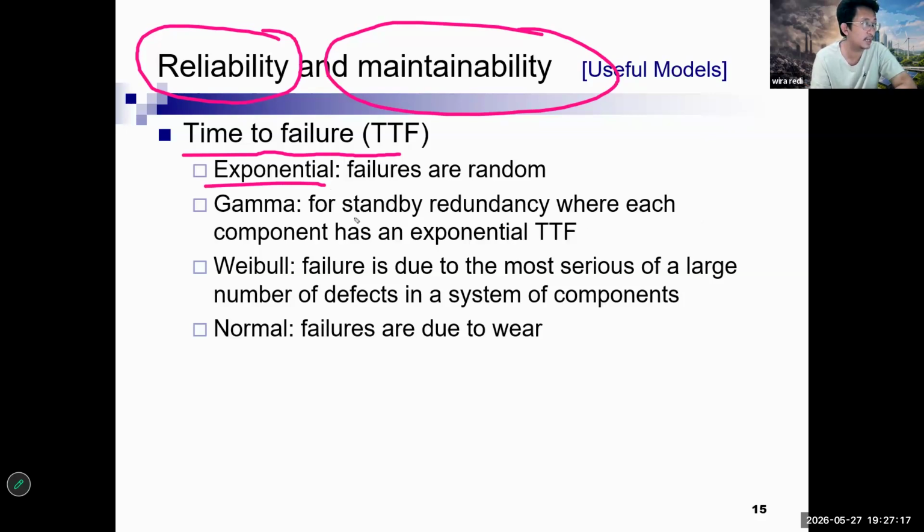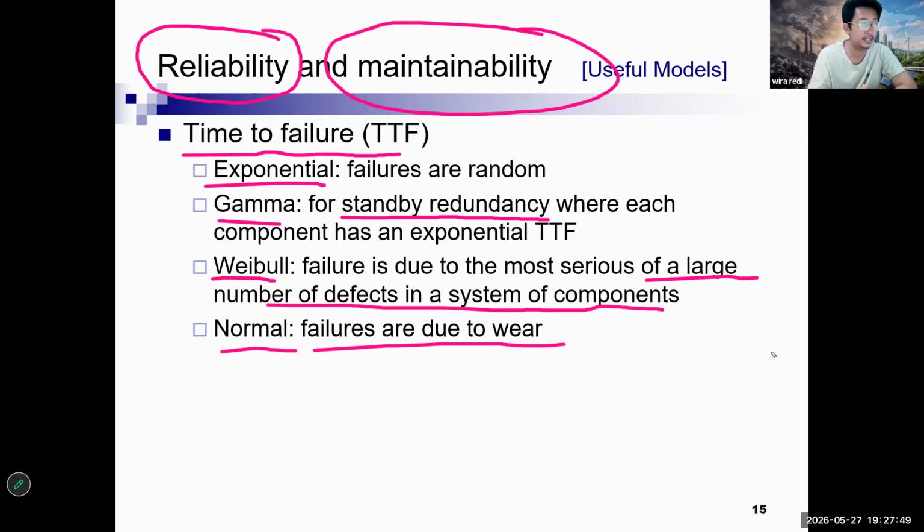But sometimes, with the characteristic of standby redundancy taken out from the assumptions, you may use gamma distributions, or you can use Weibull as well to simulate systems with a large number of defects in the system components. And sometimes you can go for normal distributions because of failures that are affected by the use of the products or service.